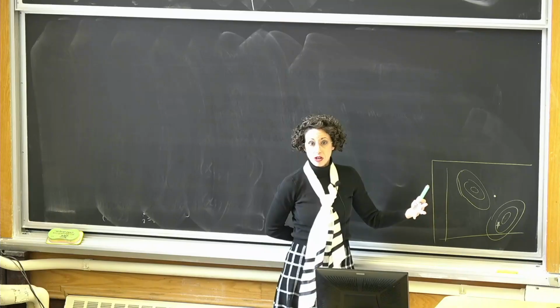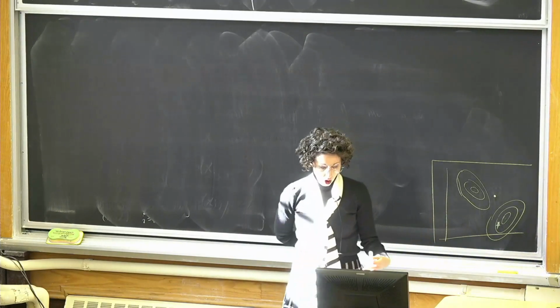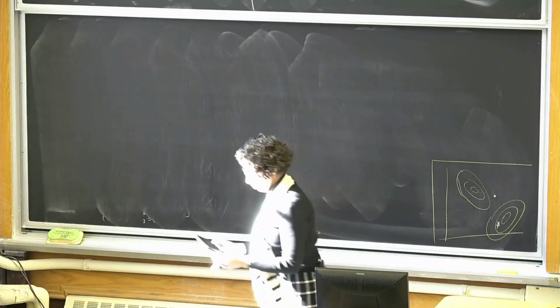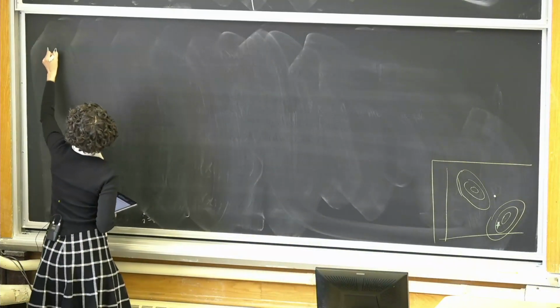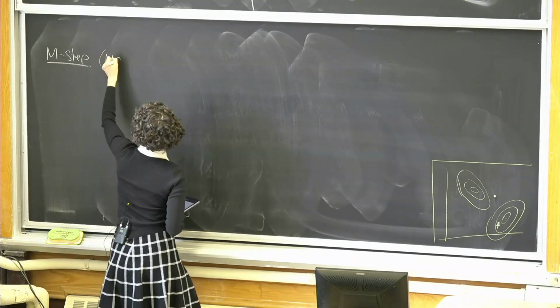Okay, so once we've computed all of these responsibilities for all of our samples and for all of our Gaussians, then we turn to the M step, where M is for maximization.